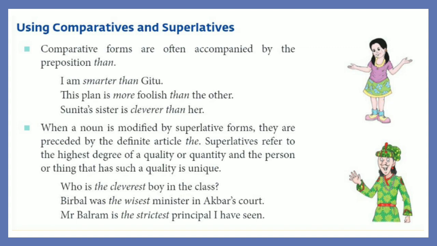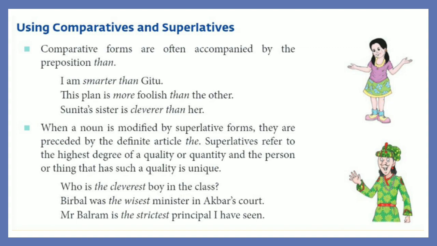Here, smarter is the comparative word followed by the preposition THAN. Second example, this plant is more foolish than the other. In this sentence, the comparative word is more foolish followed by the preposition THAN.